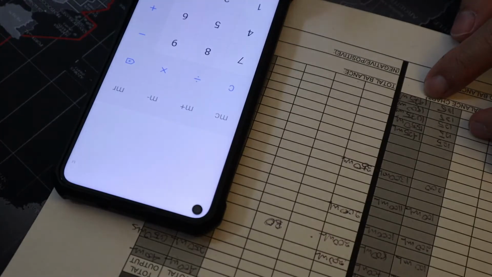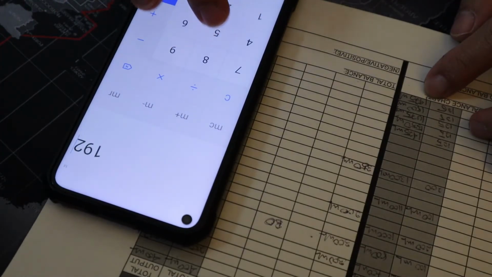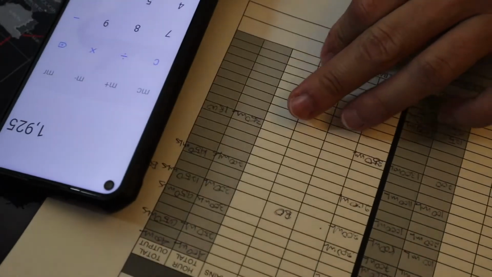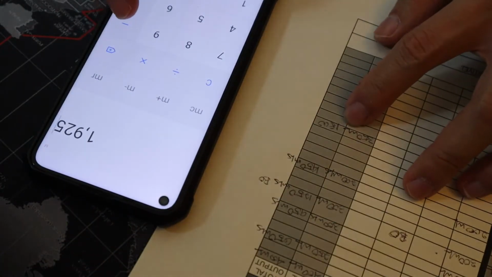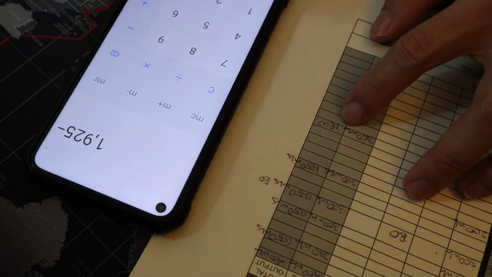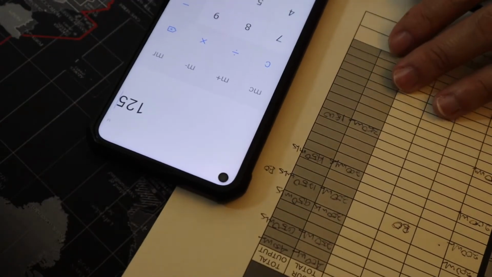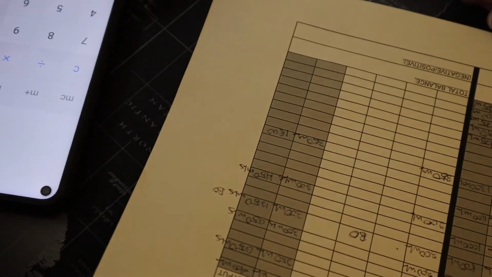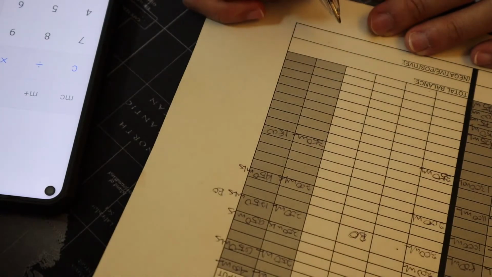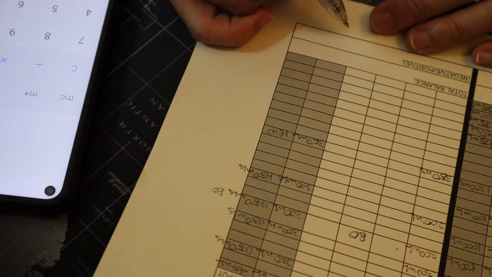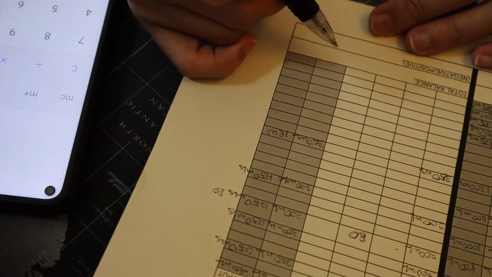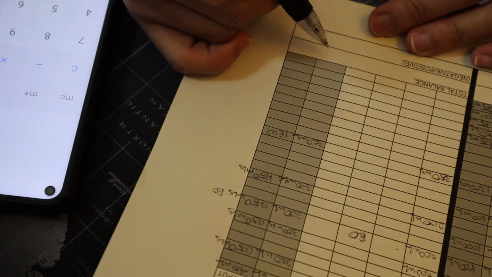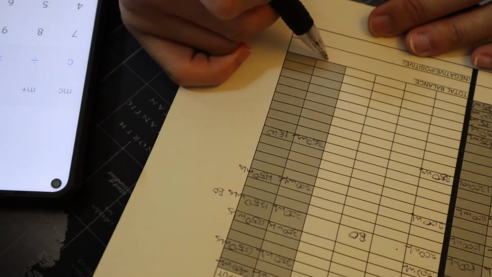So the input is 1925 mLs and the output is 1800. So 1925 minus 1800 equals 125. So alright, total balance is positive.